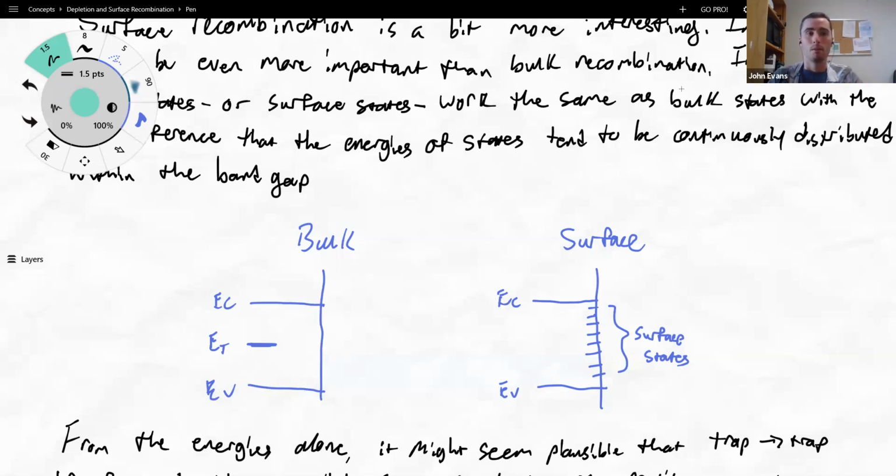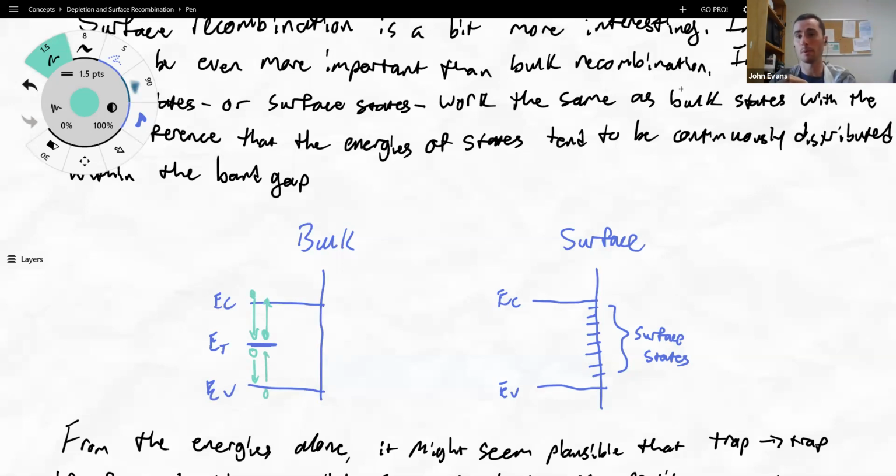Now, when we looked at these processes in the bulk, we said, okay, we can have an electron up here. It can be captured or it can be emitted. And then we could have holes that could be emitted or captured, right? And so things could move in and out.